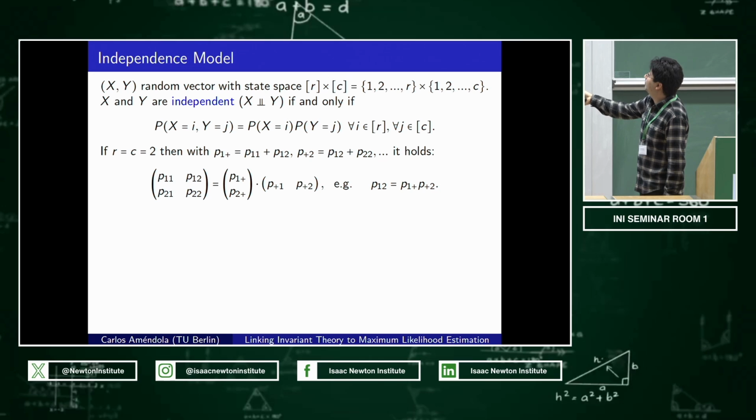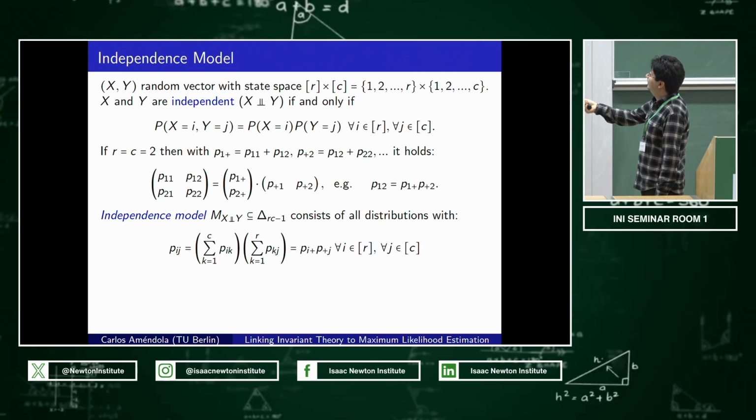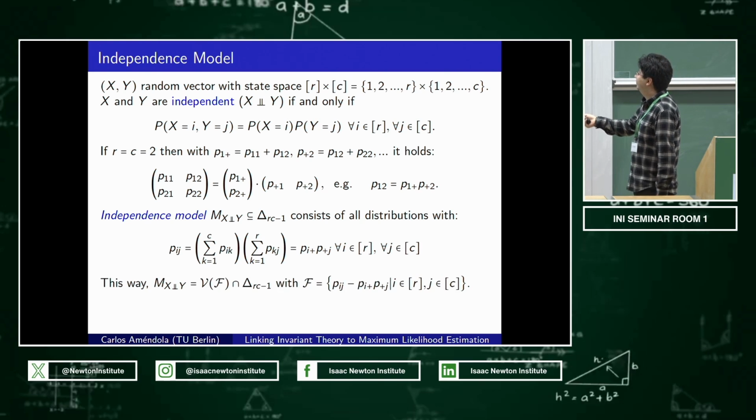So here in the example, p1+ is p11 plus p12, and p+2 is p12 plus p22, etc. Then you have this nice factorization. The independence model is simply all joint matrices such that you can write them in this way. And of course, this means that this is actually an algebraic variety in the sense I was talking about before, defined by polynomial equations. These will be polynomial equations that hold. So this notation V_F.